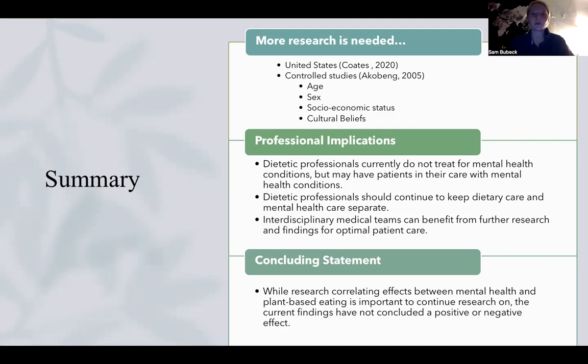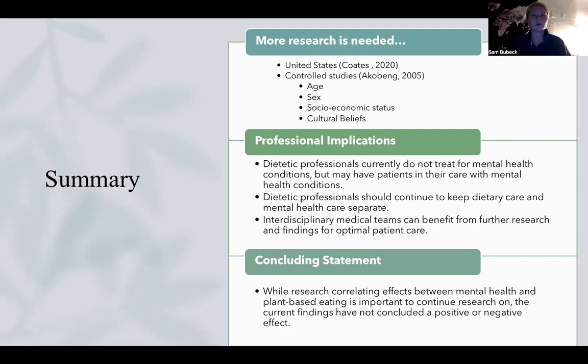There are professional implications to this research, and those include dietetic professionals currently do not treat for mental health conditions, but may have patients in their care with mental health conditions. So while dietitians are not treating for mental health, they do have those with mental health in their care. So it's something to keep in mind.